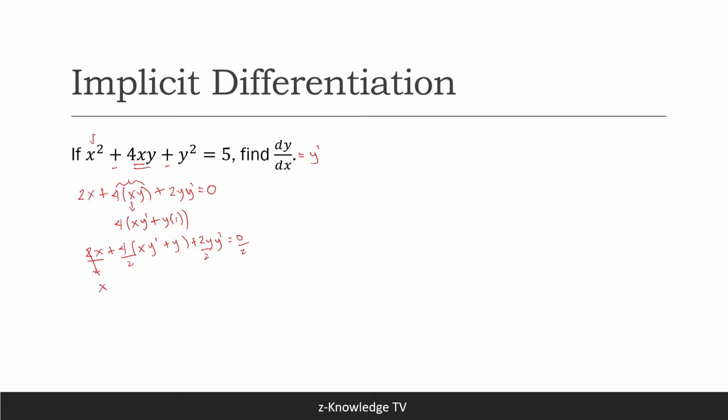So, matitira dito is x plus 2. So, i-distribute na natin. Okay, so distribute natin. Magiging 2xy prime plus 2y plus, cancel na to. So, y prime is equal to 0.